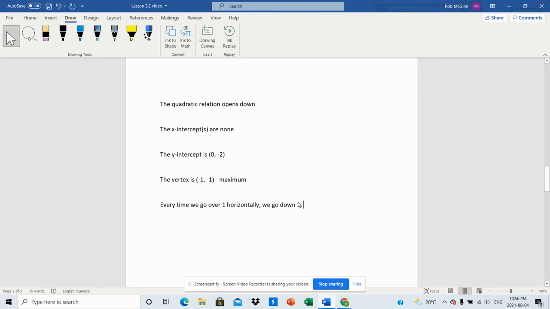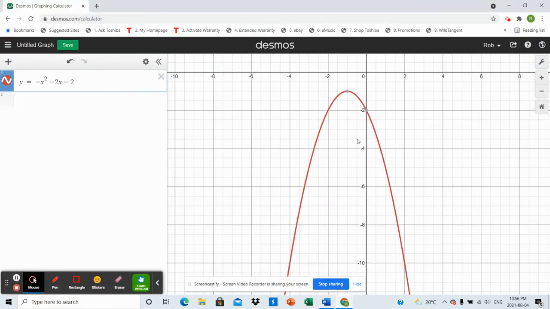We can actually make that a negative 1, so we're going down negative 1. Now we're going to go over one more time, and how much do we go down? Oh, what's that point? Oh, minus 5. We were at minus 2, so we've dropped down another 3 units here.